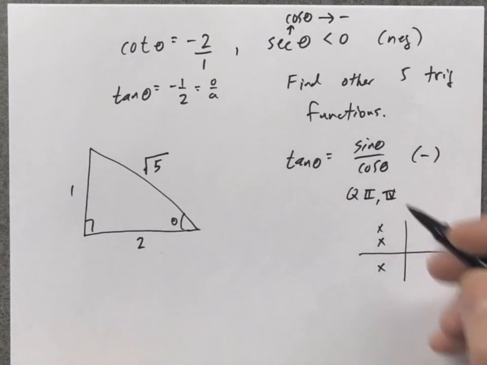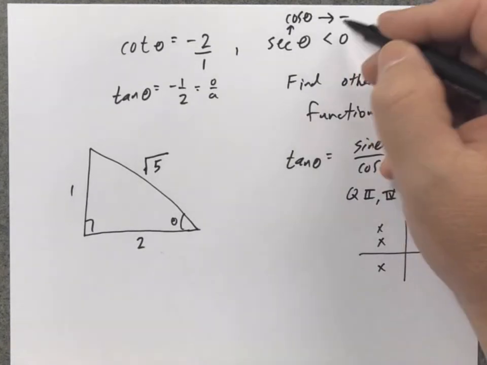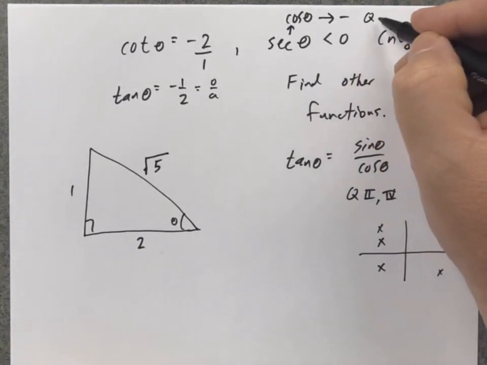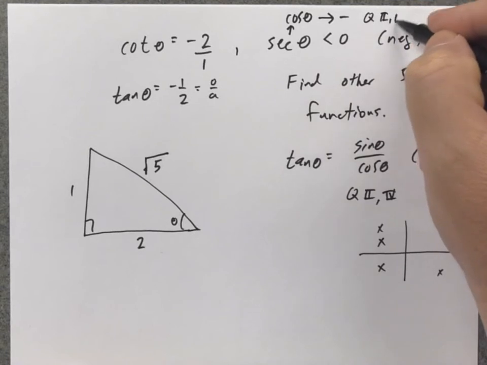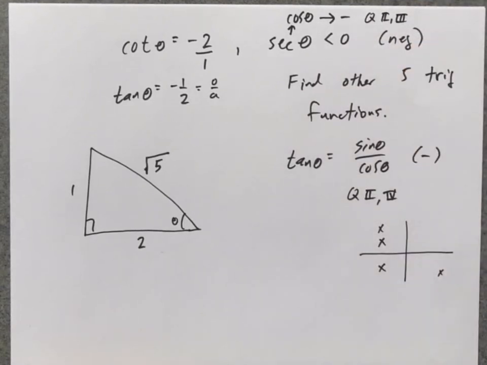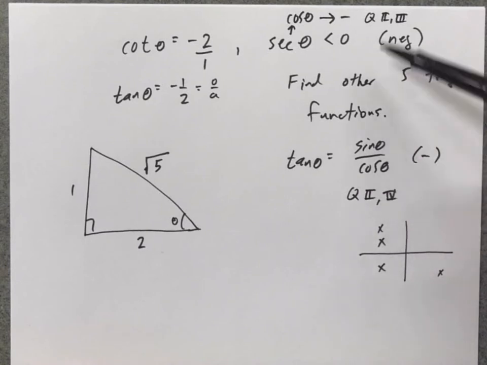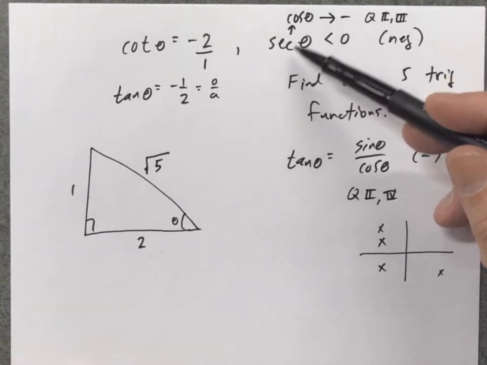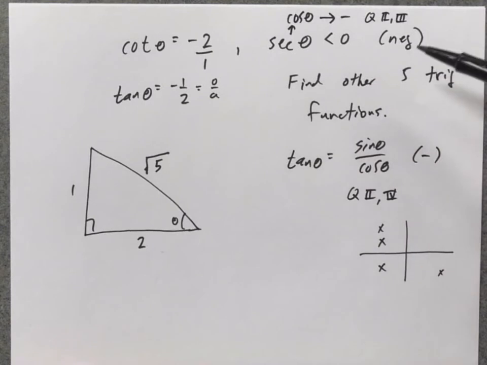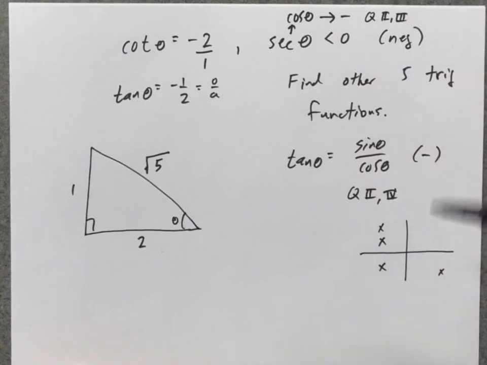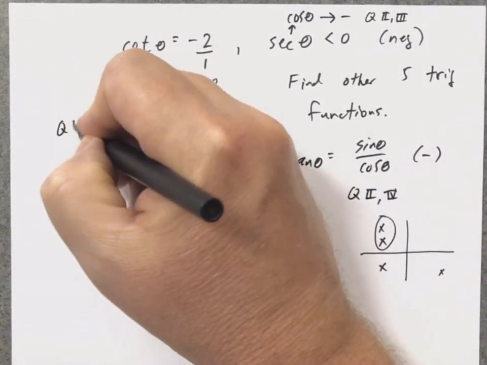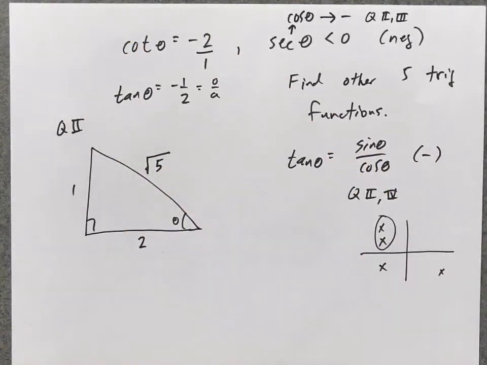So when you compare these 2 facts, I could say quadrant 2 and 3. So now I say, here's the conditions for the tangent. Here's the conditions for the cosine, secant. Which ones are the same? They both have quadrant 2. So that tells me this angle is in quadrant 2.